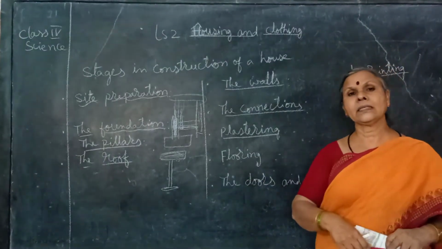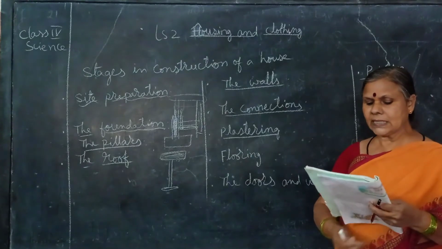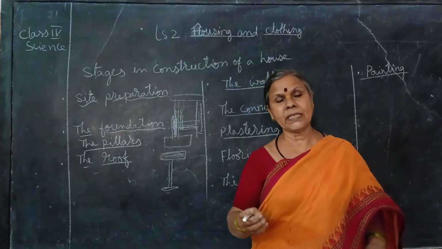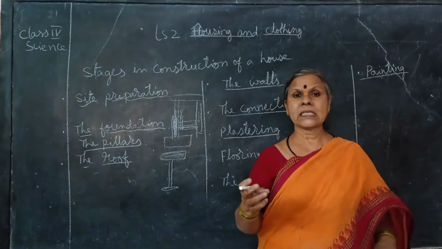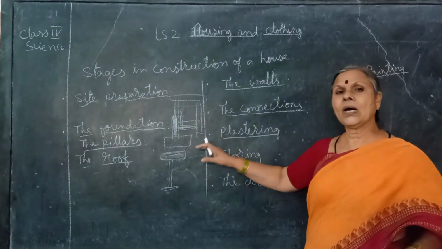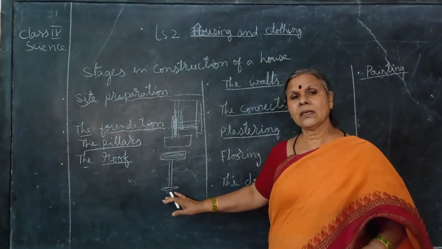Then after that, plastering. The walls and the ceilings are covered with a thin layer of cement, sand and water. Otherwise, if you construct bricks and don't plaster over them, how does it look?